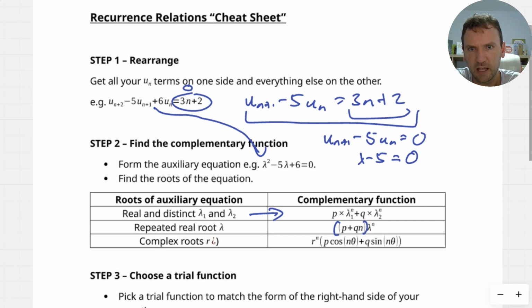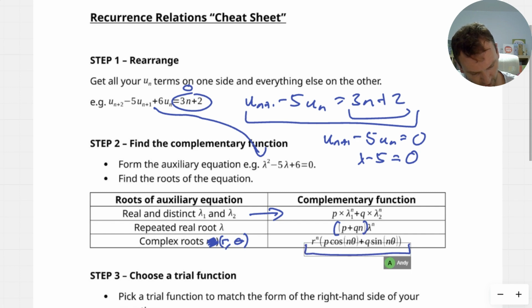And if you've got complex roots, where the modulus is r and the argument is theta, then you can write it in this form, where you've got r to the n times brackets p cos n theta plus q sin n theta. That's the preferable way.